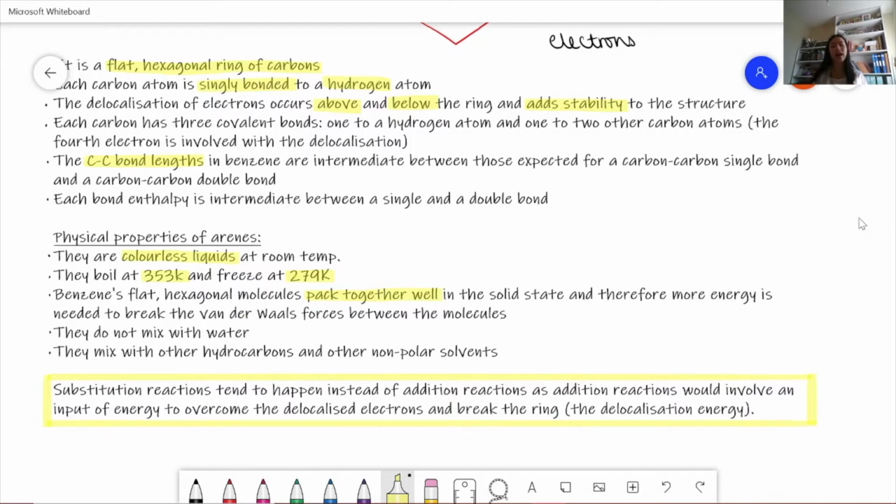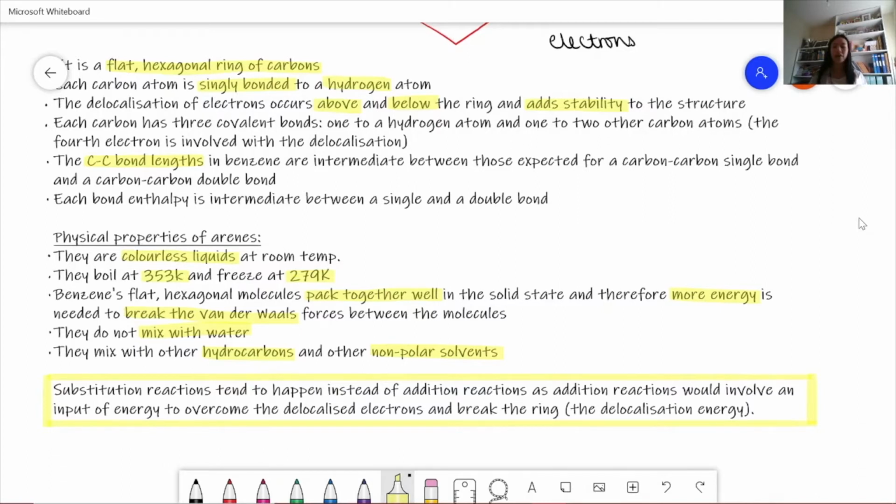So this explains why it's got such a high melting and boiling point. Another thing to know is that arenes will not mix with water. However, they will mix with other hydrocarbons and other non-polar solvents. This is because they can't form hydrogen bonds with the water, and so they can't mix with it.